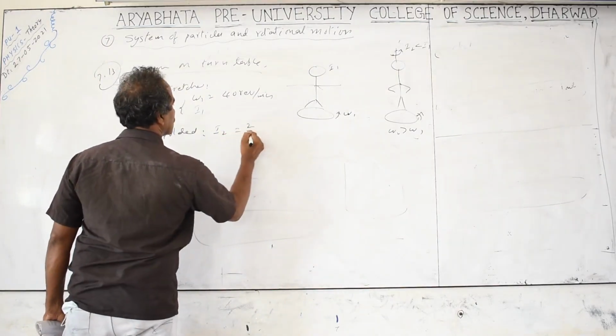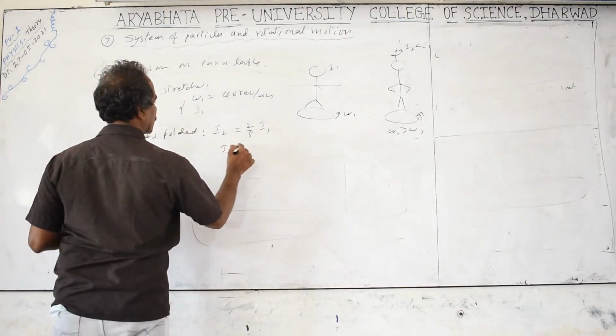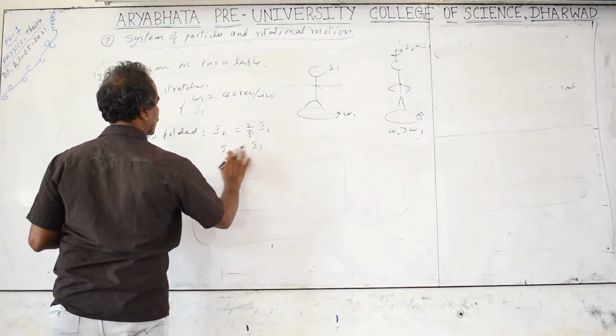Folded means I2 is 2 by 5 times I1, 0.4 times, reduced.